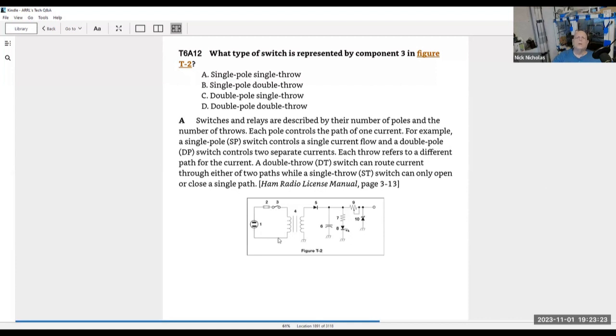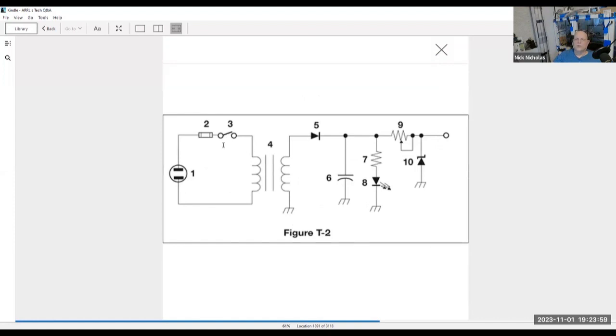So it'd be a single pole double throw. But this one here is a single pole, just one device, and a single throw. It only goes on and off. There's only one position you can turn on. That's a single pole. And there's only one thing that turns on and off. That's the throw. That's what you throw on or off when you work the switch. Does that make sense, everybody? You see what we're referring to? Okay, we'll move along.